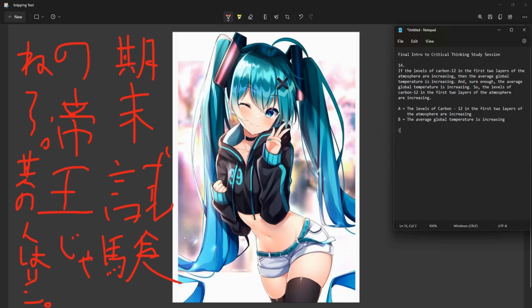Therefore, the way we schematize this, if A then B, B therefore A. Now, I could just say that this is the rule of not denying the antecedent. No, it is. It's confirming the consequent, I believe it's called. B, therefore A, which is not actually a valid argument.